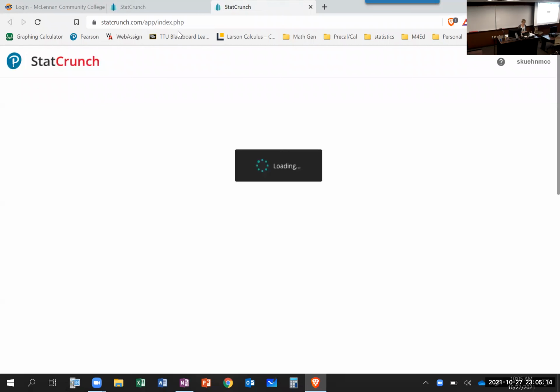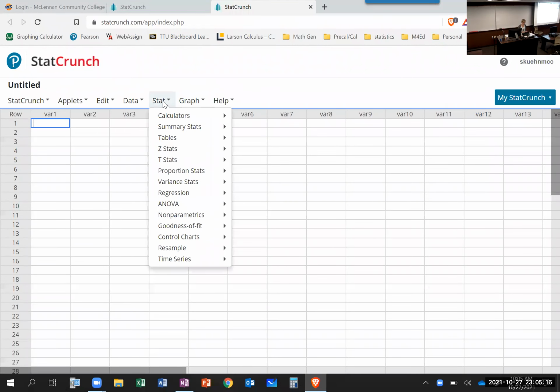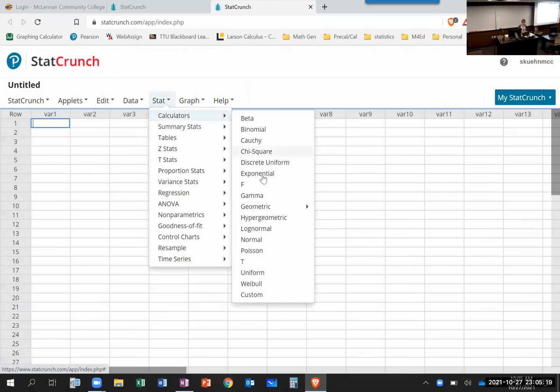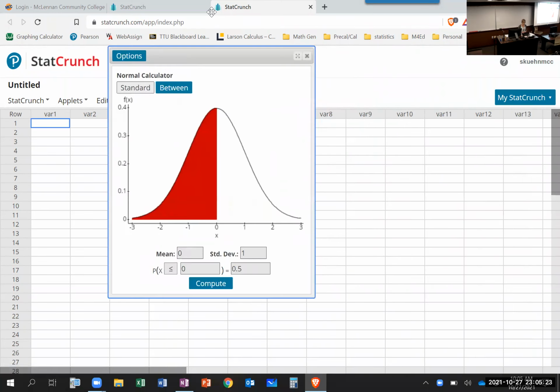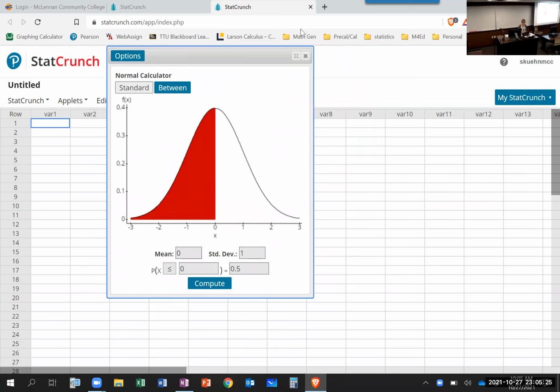And when we get to the normal calculator, we use it the same way we've been using it in chapter 7, 8.1, and now 8.2. The calculator is still the same. The input that we're going to be using is a little bit different. The mean that we're using is the mean of our sample, which is the same as the mean of the population, which should be 0.03.